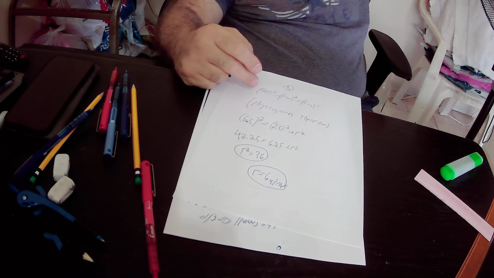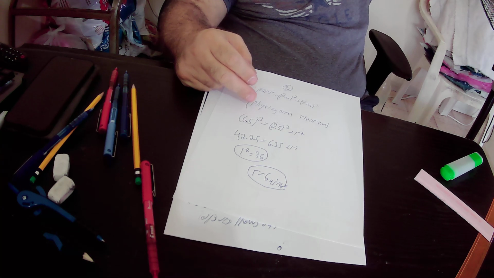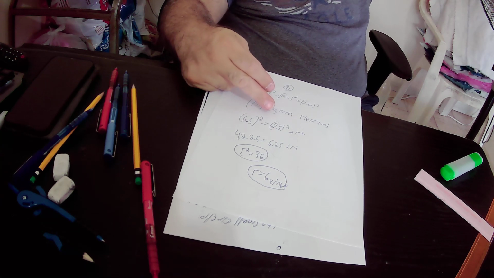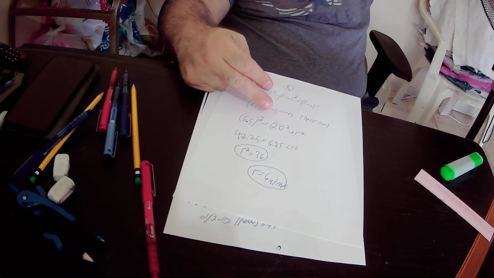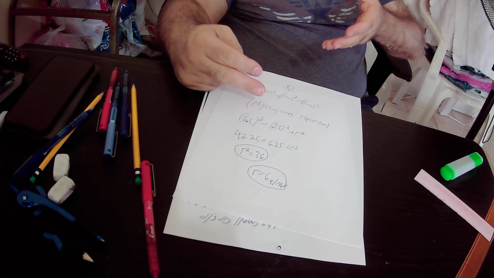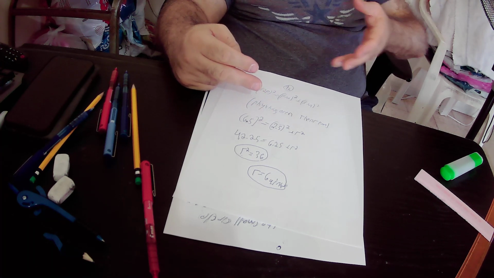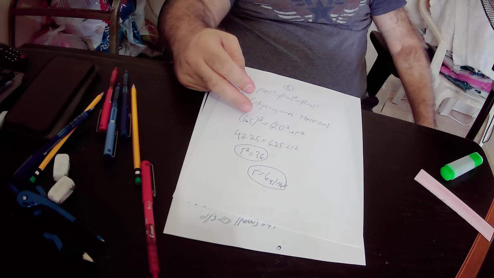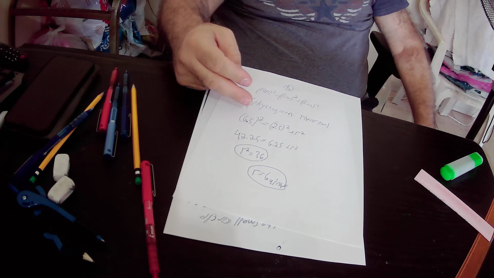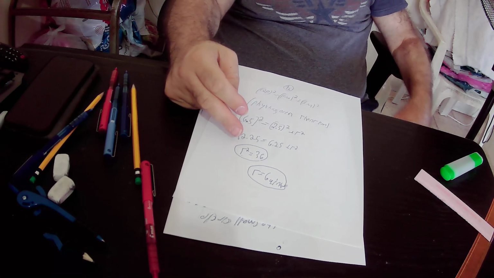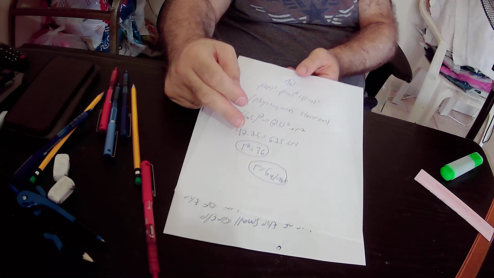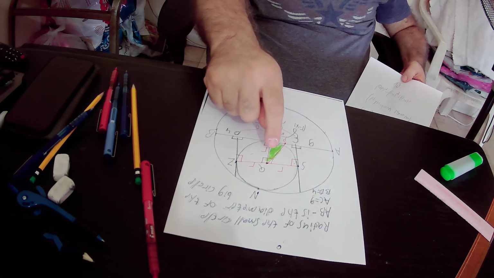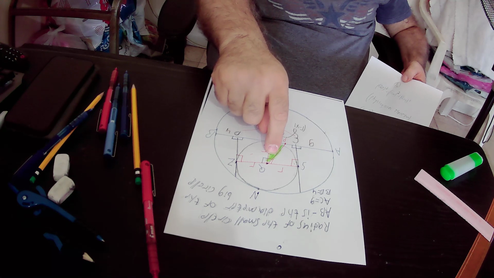We put the data into this equality, and we found that the radius of the small circle equals 6 units.